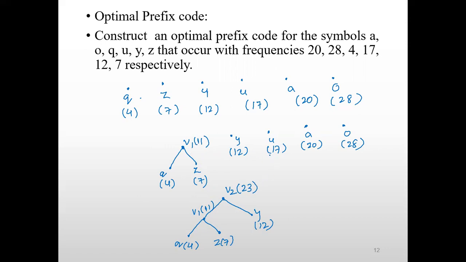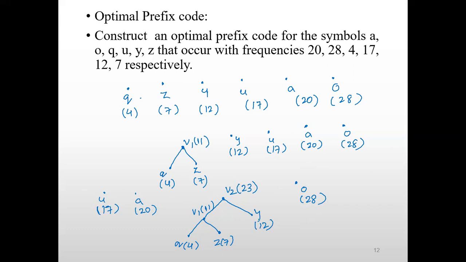Here in the previous step, 17 and 20 are less than 23, hence we need to write here U with value 17 and A with value 20. Next we have V2 and O 28. So 17, 20, 23, 28.